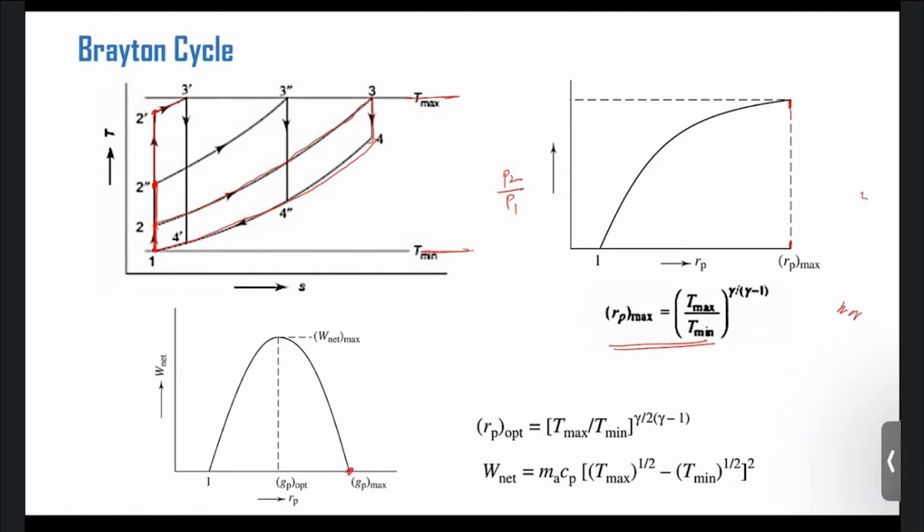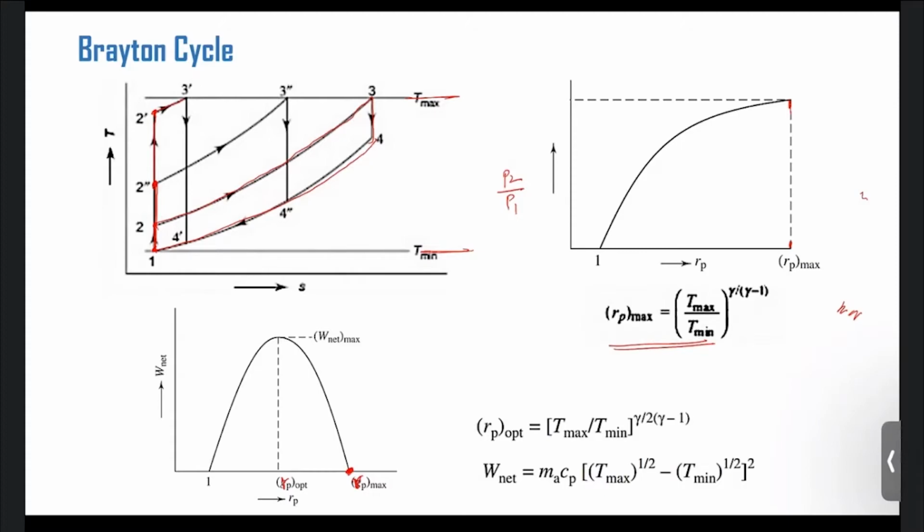Okay, so you can see in the lower left diagram, at this pressure Rp max, the work achieved is 0. So what is the use of a cycle or engine which has a very high efficiency but no work output? That engine is of no use.